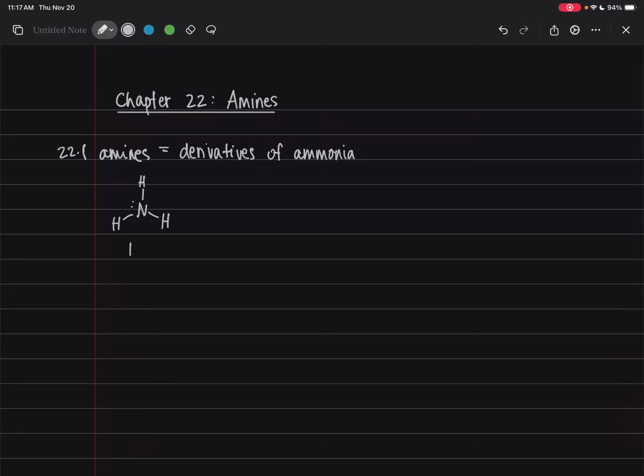So this is ammonia, NH3. If we start substituting hydrogens for our groups, whether they be alkyl groups or whatever, we can start making other kinds of amines.